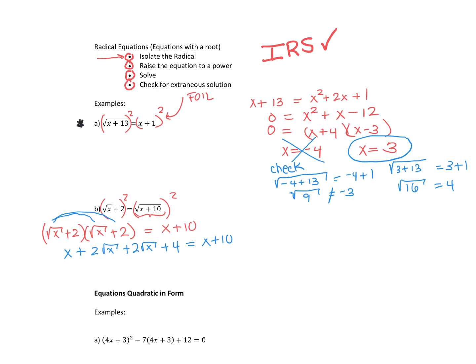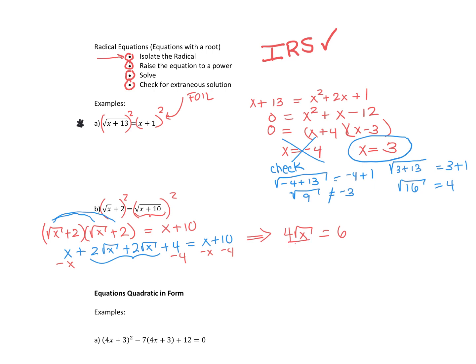Now you'll notice I still have these 2 radicals. They're like terms, so I'm going to put those together. So I'm going to subtract x and 4 from each side. And now I'm going to have 4 root x equals 6.